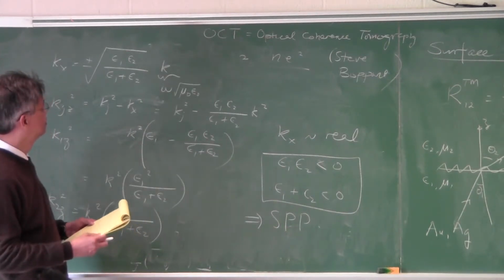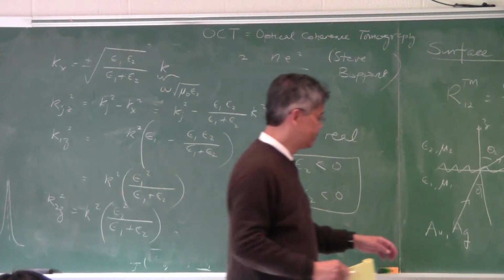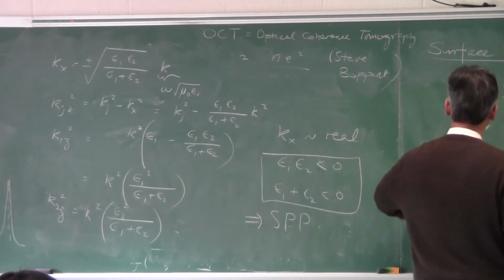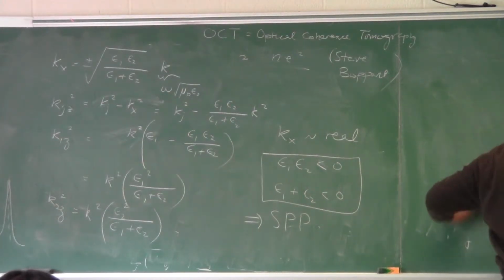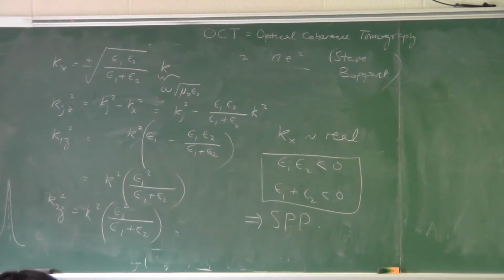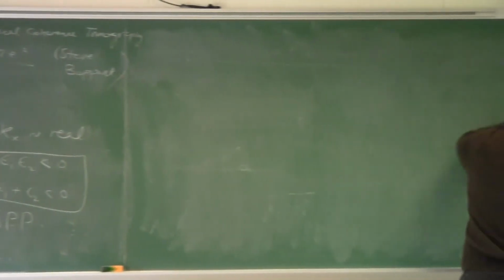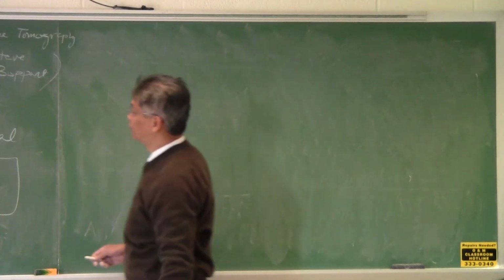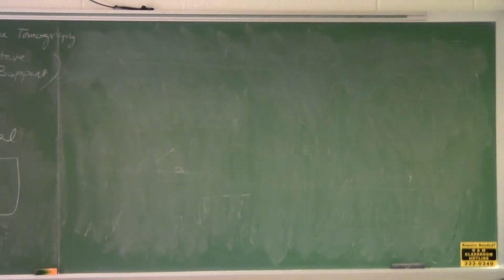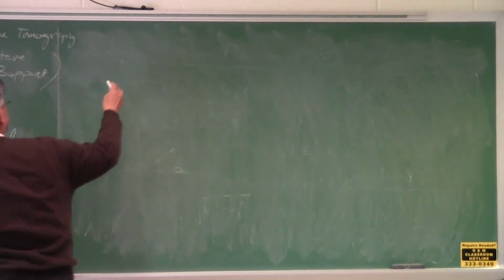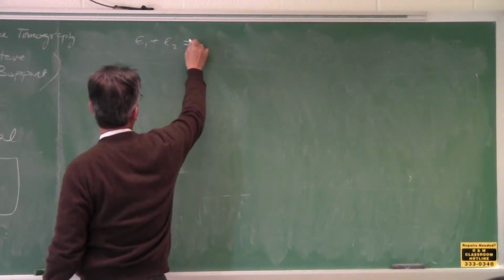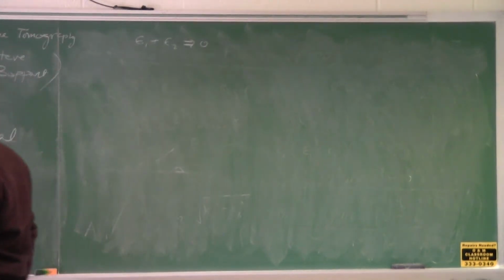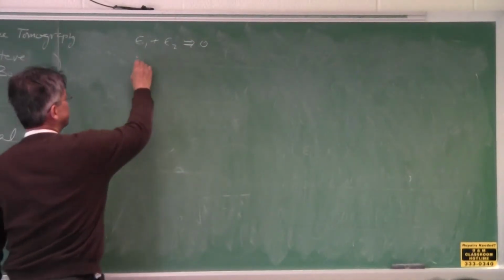So, there's another thing that you notice, which is that if the denominator goes to 0, which could happen if epsilon 1 plus epsilon 2 tends to 0, then kx tends to infinity.